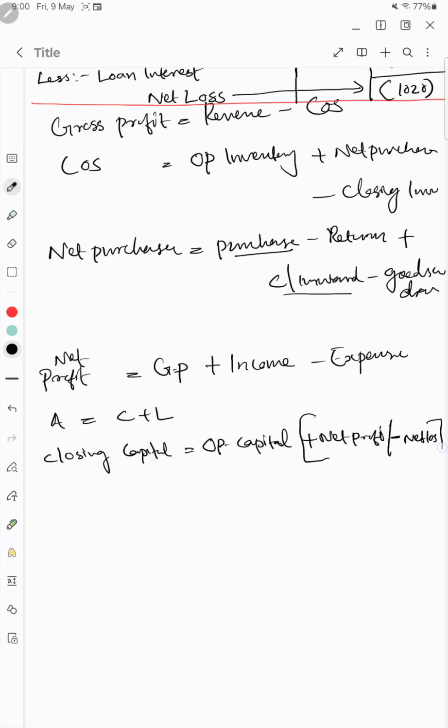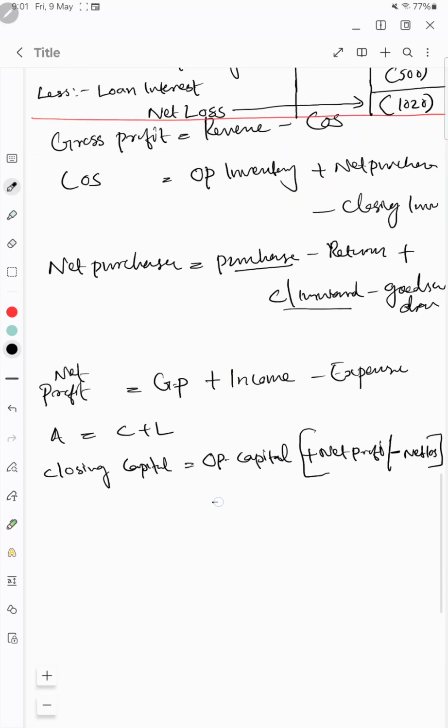Here we have a loss, so we will deduct it. Apart from this, deduct all the drawings also. If there is additional capital, you can add it. Here we don't have additional capital. If it is net profit, you add it to your opening capital; if it is net loss, you deduct it.